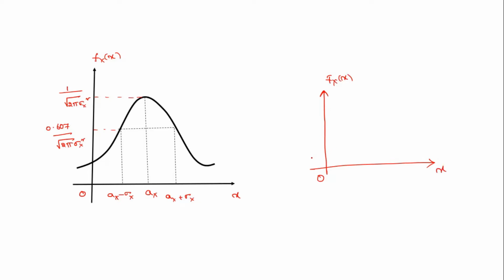So like this, at a_x you will have 0.5, and the maximum value achieved is assumed as 1, and with respect to the standard deviation, a_x minus sigma_x and a_x plus sigma_x, this is taken to be 0.841, and this is taken to be 0.159.